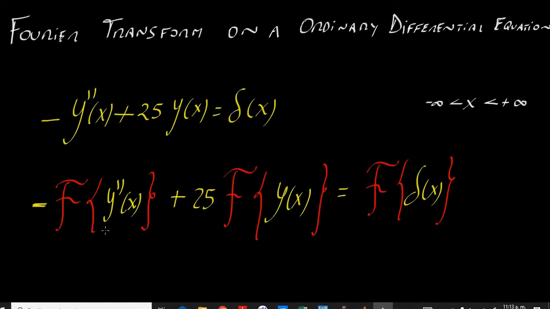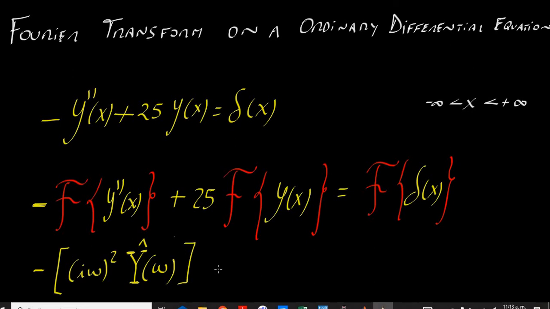So here it is going to be minus (iw) squared the Fourier transform of y. I can use this symbol; I can express this as a capital letter. We know that it's going to be in the frequency domain.